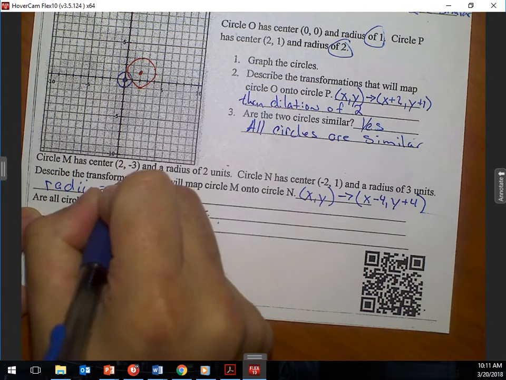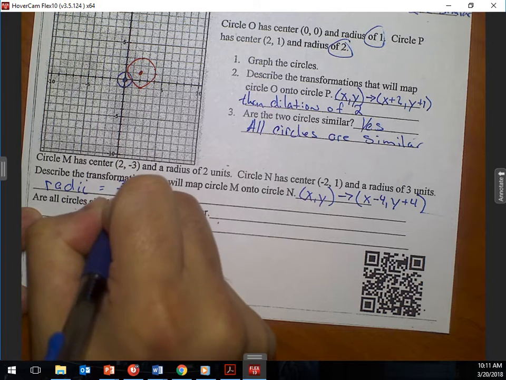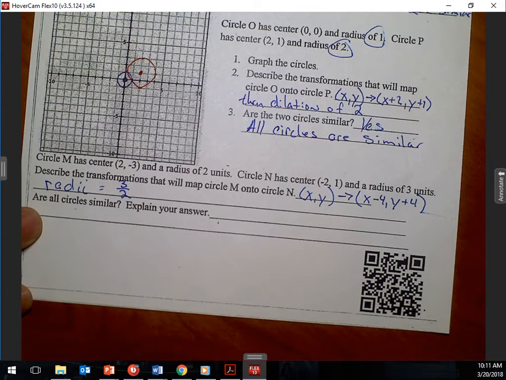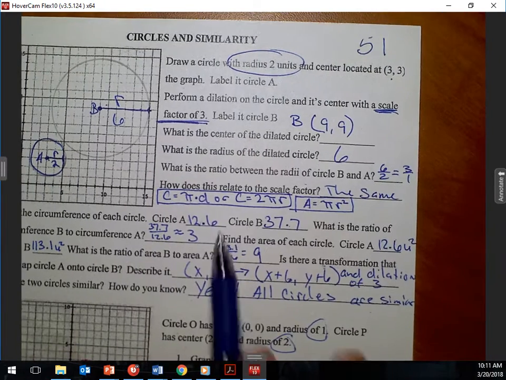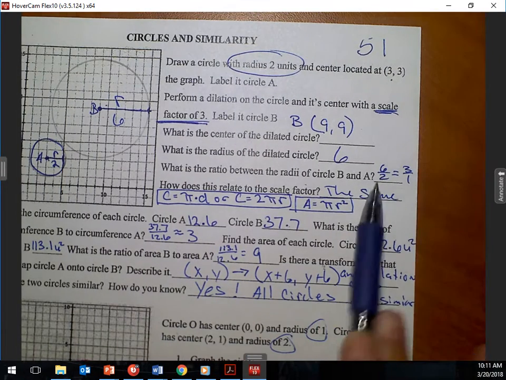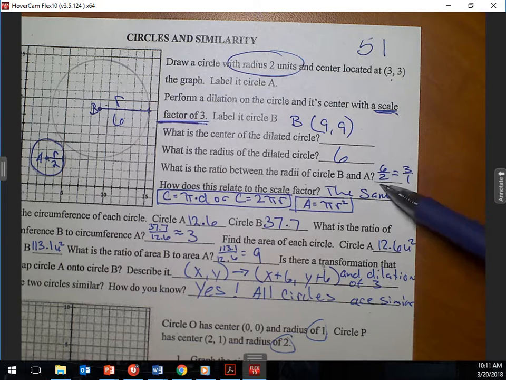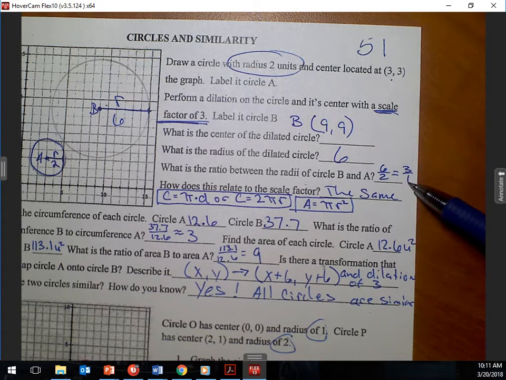So my radii give 3 over 2. That's how I found my scale factor in the first part of the problem from yesterday. There I had 6 over 2, and when I reduced that, it gave me a scale factor of 3 over 1.